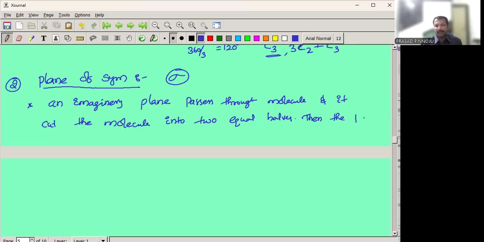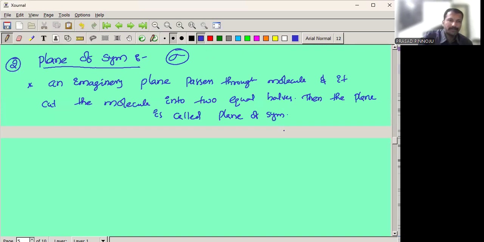That imaginary plane is called a plane of symmetry. This is a plane of symmetry, right?